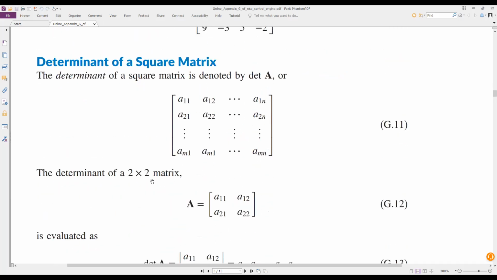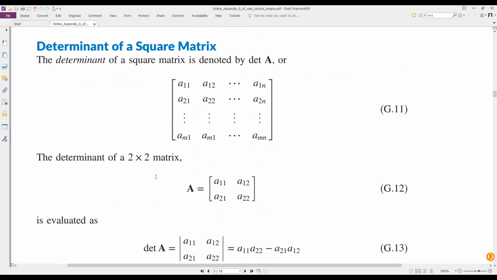Okay. Now, determinant of a square matrix. We need a few matrices in our upcoming topic. We need to know the transpose matrix, first one, and second one, the adjoint matrix.